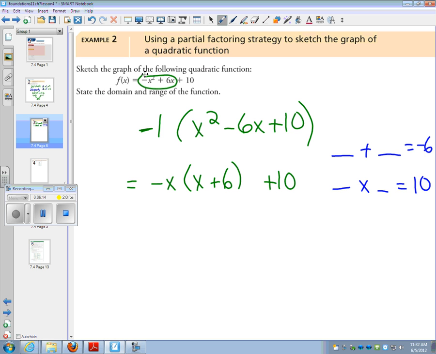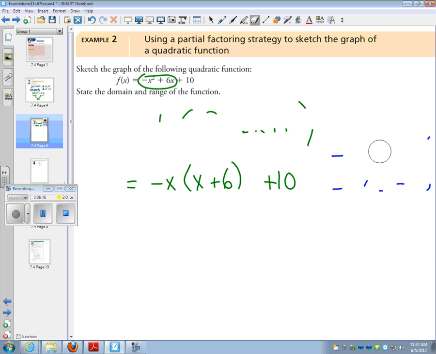So we abandon this kind of factoring, and we're going to use something called partial factoring, which is probably new to you guys. Now what we do is we set each of these factors to what they're going to be, or normally this would be a 0. Let's just bring our 10 to the other side.